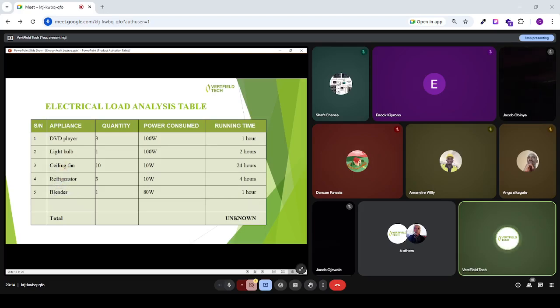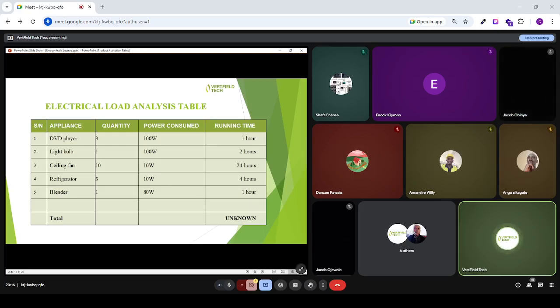So now what you can see on my screen is a typical example of a load analysis table. Let's say we have asked our client Mr. Willie his energy need for the facility, and he has been able to provide us with these various appliances.